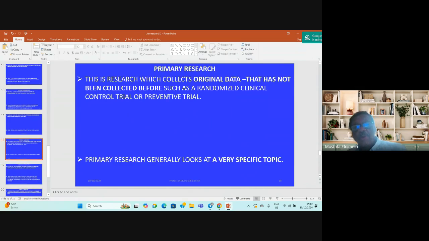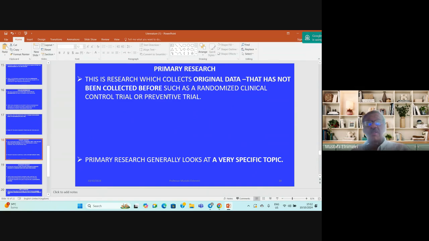For example, we talk about primary research, and this is research which is developed by the investigator from the proposal development, through implementation of the research, up to finalization of the report and publication of the article. In other words, it has not been done before.